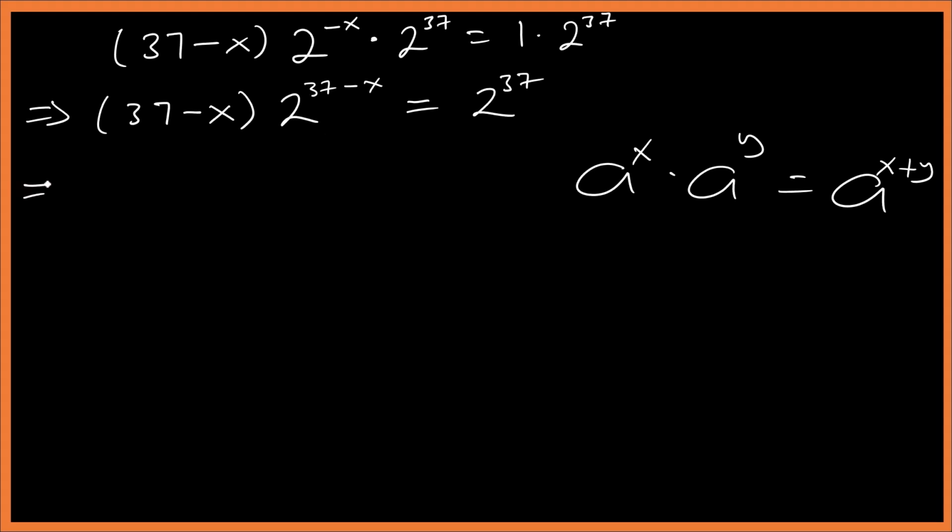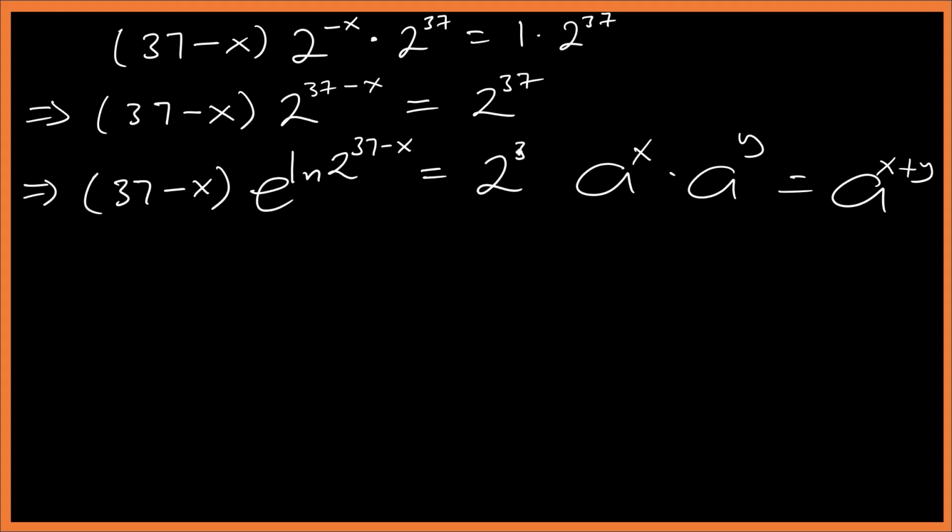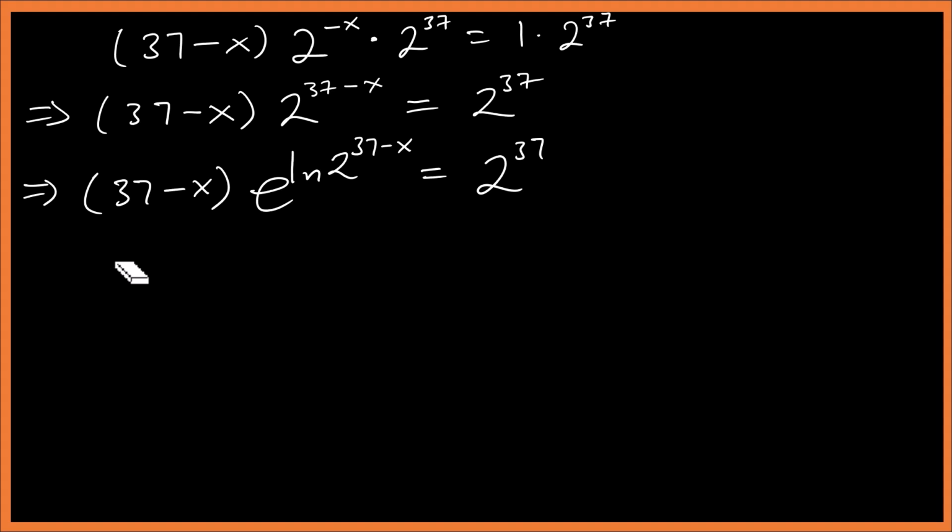So I have 37 minus x. So this side will be e raised to ln of 2 exponent 37 minus x equals 2 to the power 37. Okay, so we have power rule here.